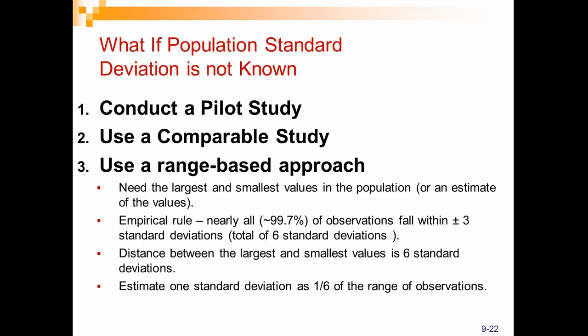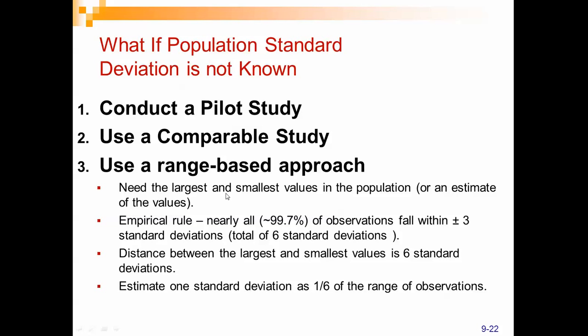And in this case, you have to have the largest and smallest values in the population, or an estimate of their values. And what we do is we use the empirical rule. Remember that nearly all, or about 99.7% of observations fall within +3 and -3 standard deviations of the mean.